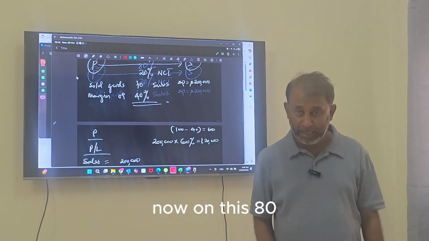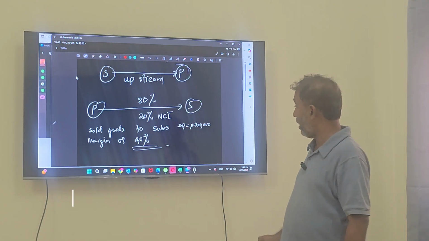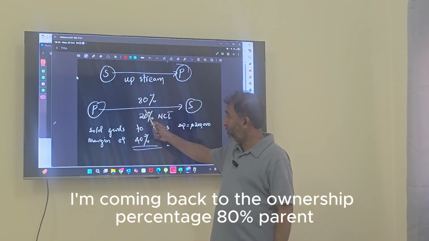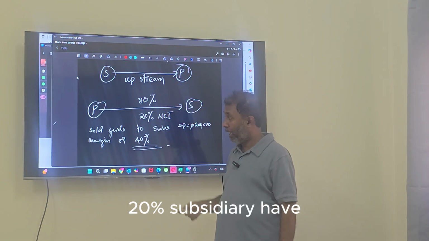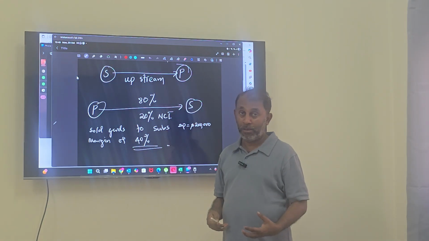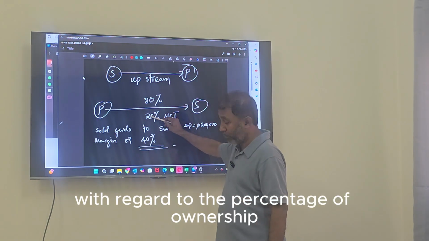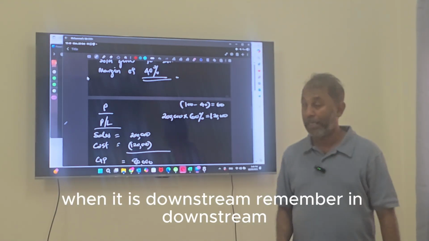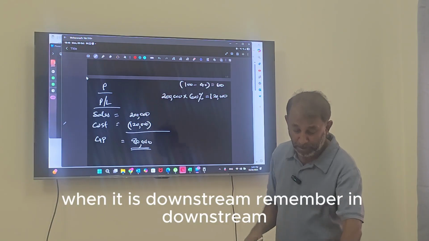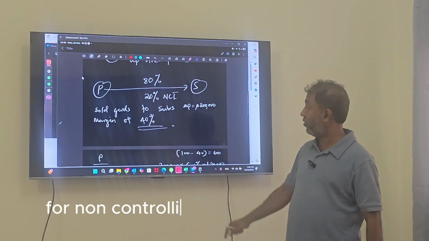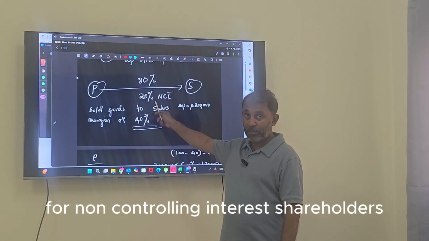Now on this 80, I'm coming back to the ownership percentage: 80% parent, 20% subsidiary. Is there any relationship between the percentage of ownership and the extent of the profits made when it is downstream? Remember, in downstream, there is no stake for non-controlling interest shareholders.